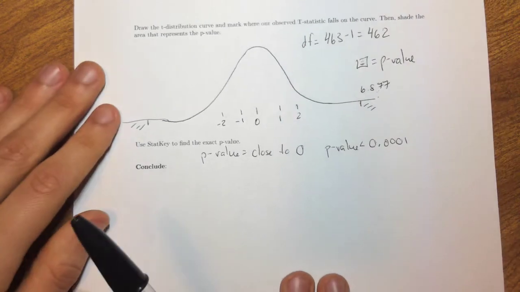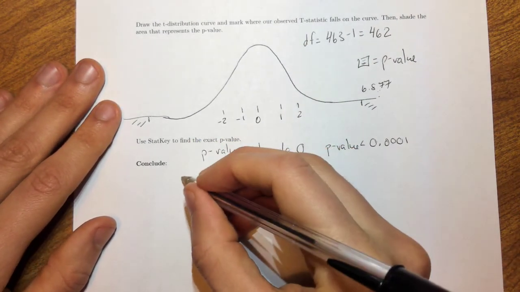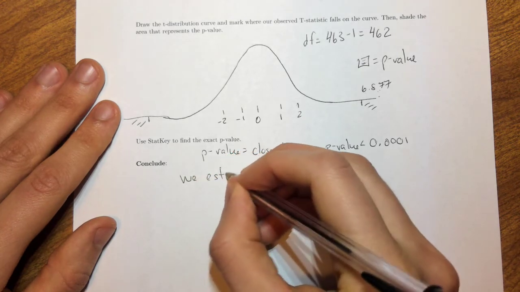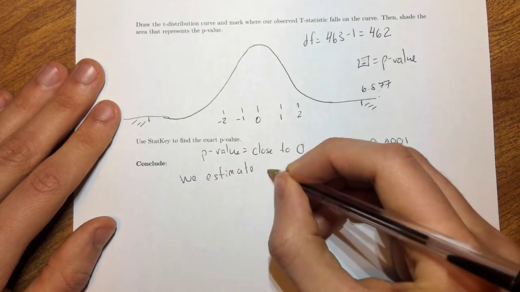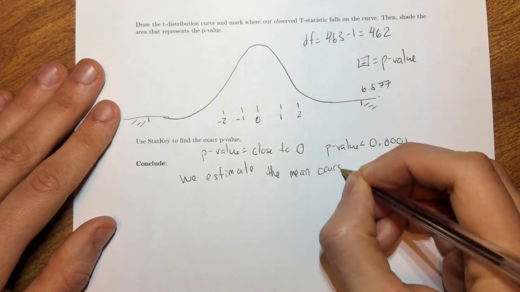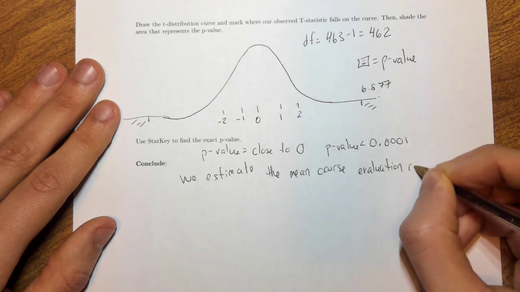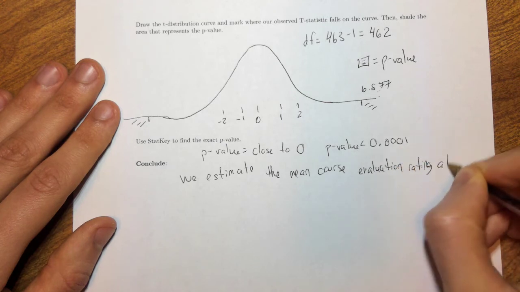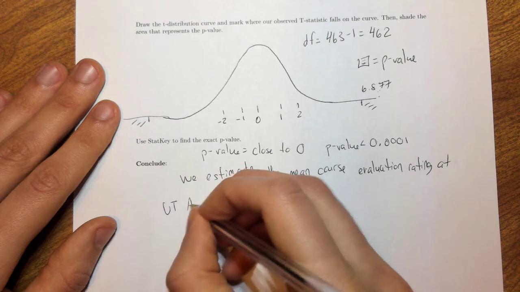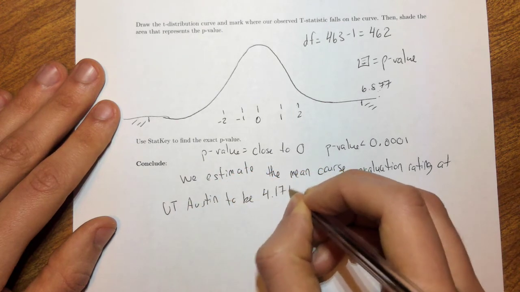And so for a conclusion, we're again going to write it as 2 sentences. The first is we always want to make sure to include our point estimate in the conclusion. So we want to say we estimate the mean course evaluation rating at UT Austin to be 4.174 points.